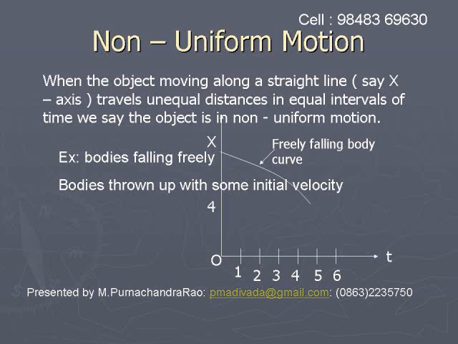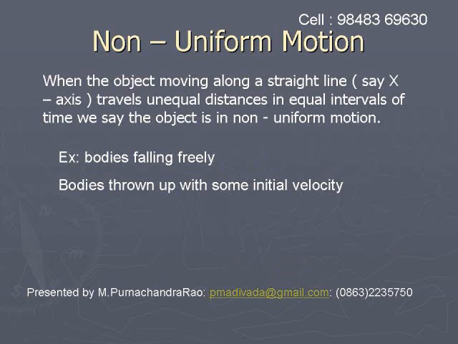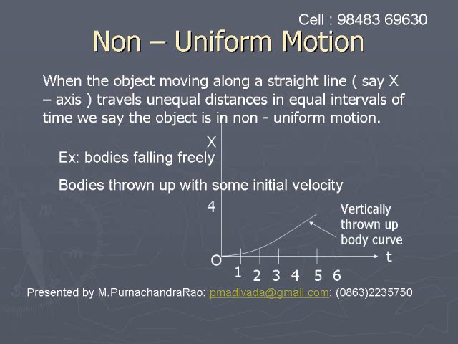The position time graph of such a motion is represented by a curve, showing the relation between position and time. In fact, for a body falling freely, it will be a parabolic path. Also for a body thrown up vertically, it is a parabolic path.